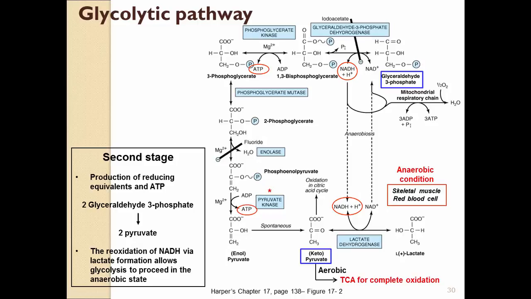So under anaerobic conditions, the glucose is oxidized to lactate, but only makes 4 ATPs from substrate level phosphorylation, and no NADH molecules are made, right?